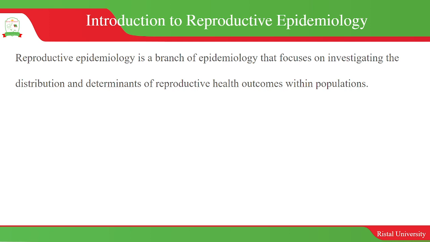You want people having babies when they want, so optimal use of family planning. You don't want people suffering from STIs, or a high prevalence of HIV. You don't want to see sexual violence. Those reflect positive reproductive health outcomes.